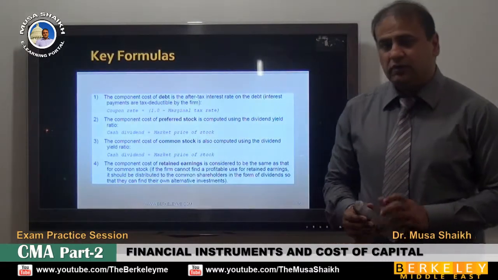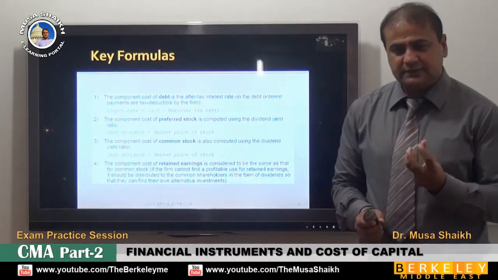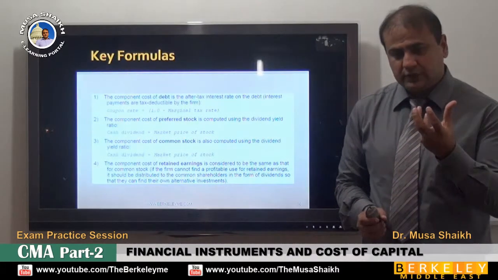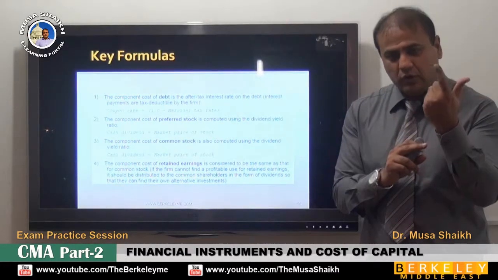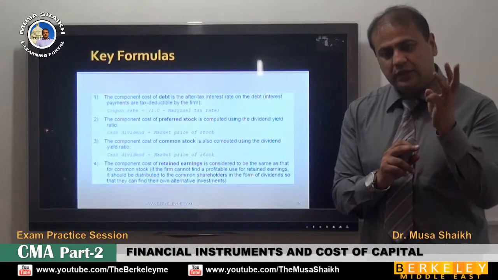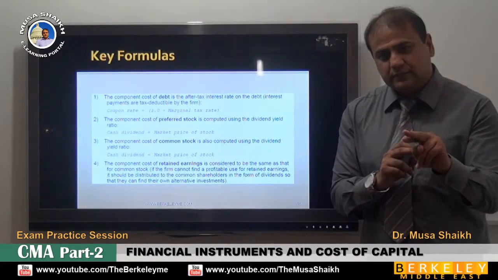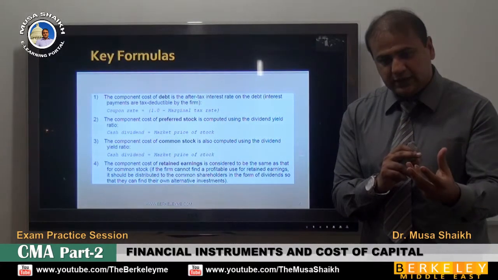When we are calculating cost of equity and cost of debt, there is cost of capital. The balance sheet has a portion in which we have bonds and equity. Equity is of two types, preference and common. And then we have bonds, like long-term liabilities.